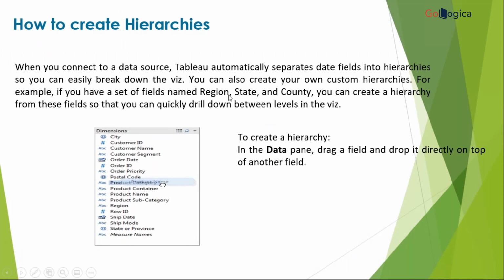When you have region, state, country like this, Tableau automatically understands that cities together are called states, states together are called countries, countries together are called regions. So Tableau automatically understands that and it will create a hierarchy.